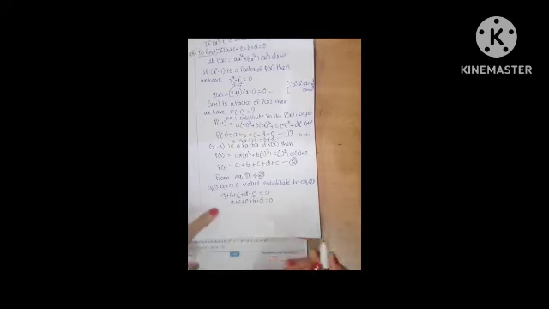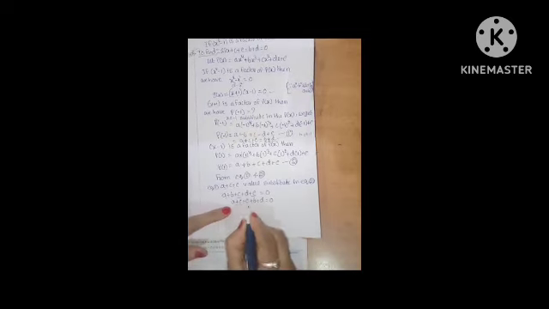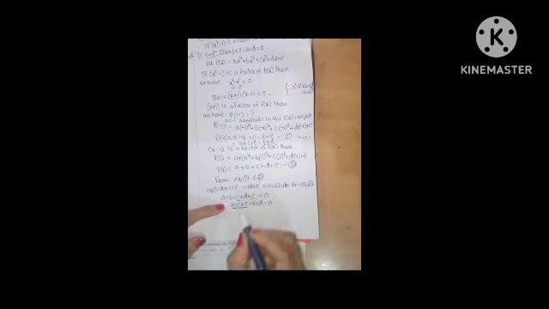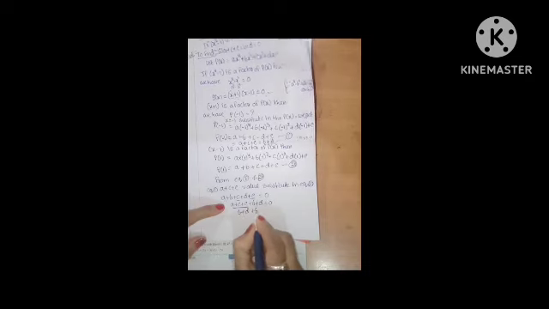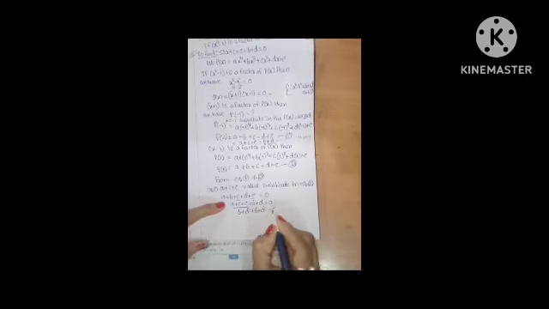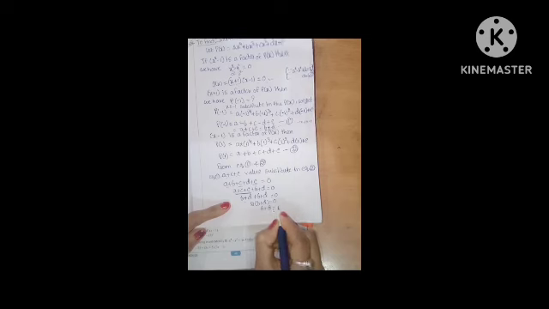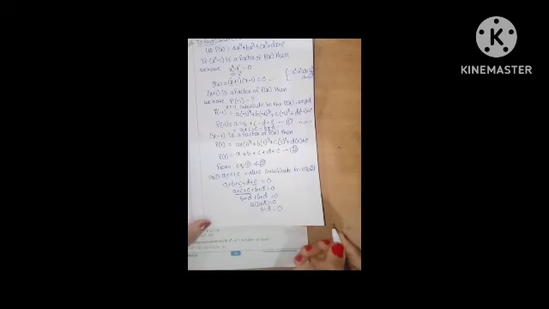Yes, both are equal only. So this value we got. We know from equation number 1 that the value is b plus d value. So this is also b plus d. So b plus d plus b plus d, that is 2 times b plus d, equal to 0. B plus d equal to 0. Are you clear?